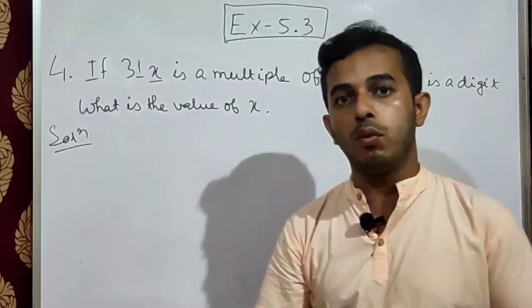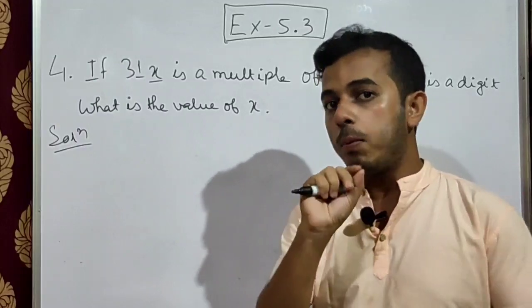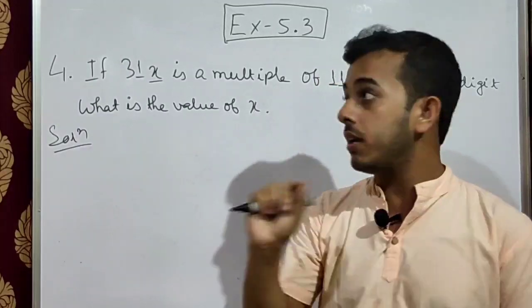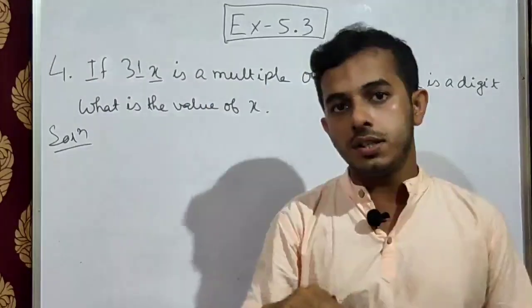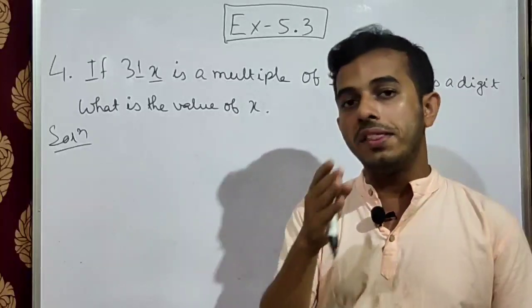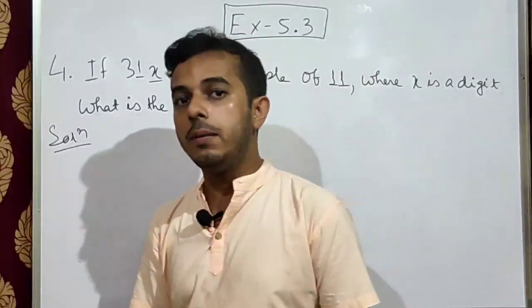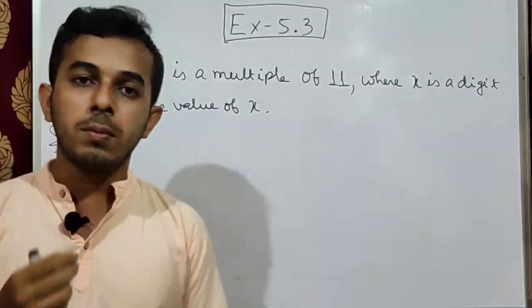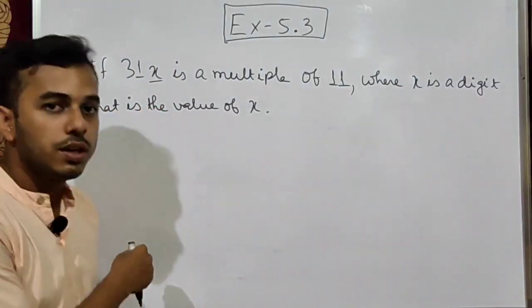0, 1, 2, 3, 4, 5, 6, 7, 8, 9, up to 9. Only one digit number is there, right? So we will put all the one digit numbers and then check whether the number is divisible by 11. Those numbers which are divisible by 11, we will take that value.